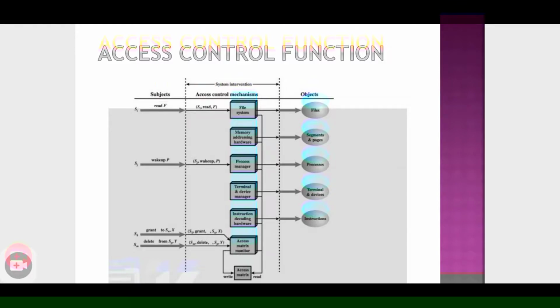Then if it's okay, that file will be read by S1. All this will be monitored by an access matrix monitor, and from that we can create an access matrix. Based on this access matrix, we can give access rights to particular subjects for a particular object.